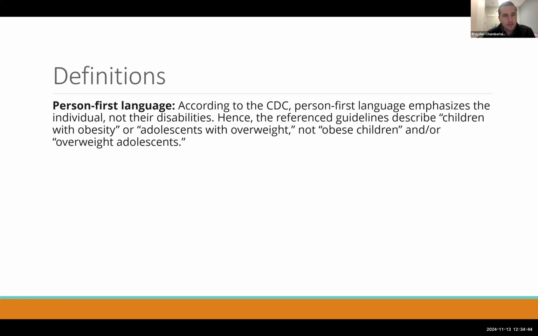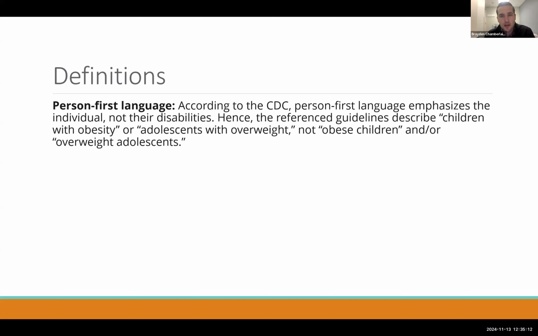With those definitions in mind, I also want to point out, and this is something that they go through in the guideline themselves, they recommend using person-first language especially when talking with children with obesity. What they mean by that is focusing on the individual and not on their disabilities or their conditions.